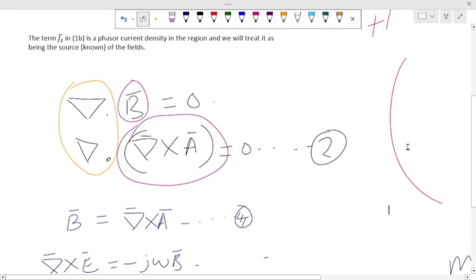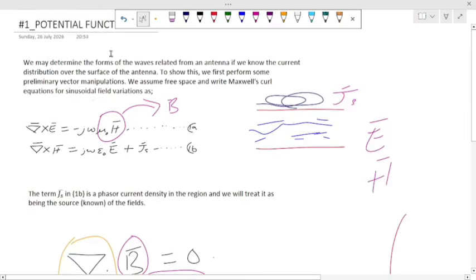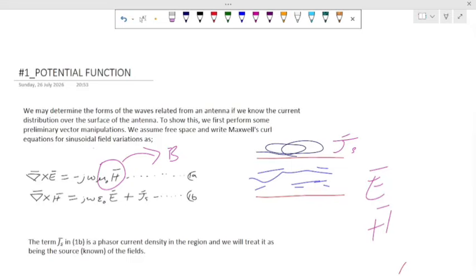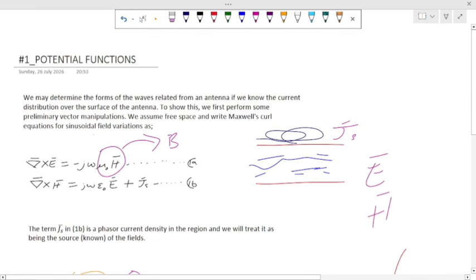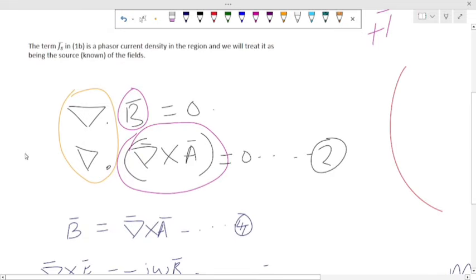Now, before we talk about equation 3, note that the topic is what? Vector potentials, potential functions, not function, but functions. And this, guys, is one potential function. In fact, we use it to compare to magnetic flux density, which has to do with magnetic field, right? So it is the magnetic vector potential.